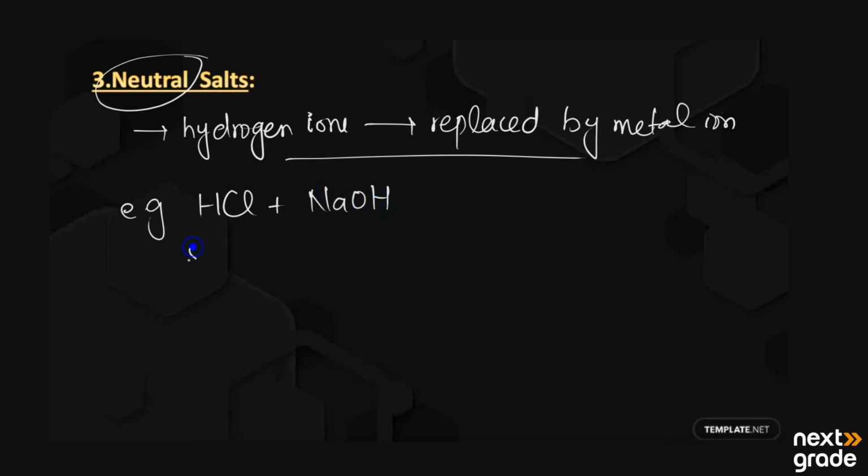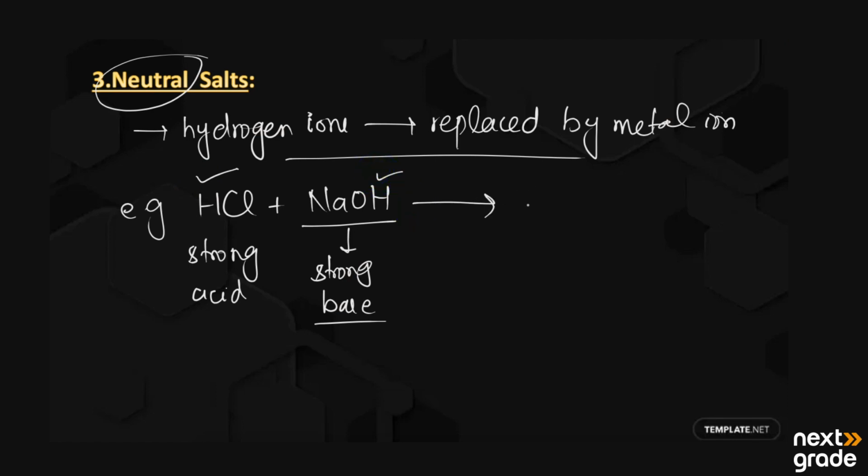Here HCl is a strong acid, and sodium hydroxide is a strong base. Why is it called a strong acid or base? Because a strong acid produces a higher concentration of hydrogen ions and a strong base produces a higher concentration of hydroxide ions.